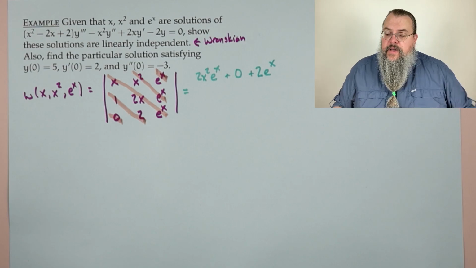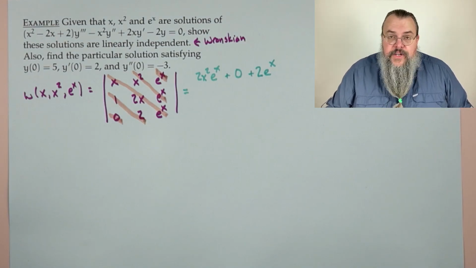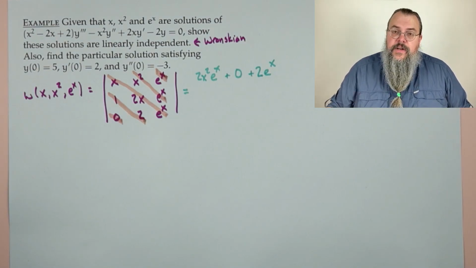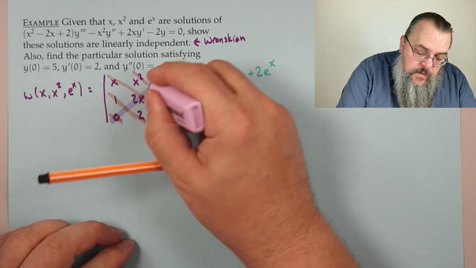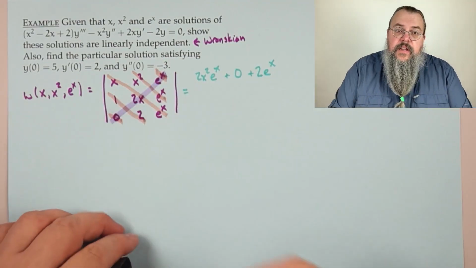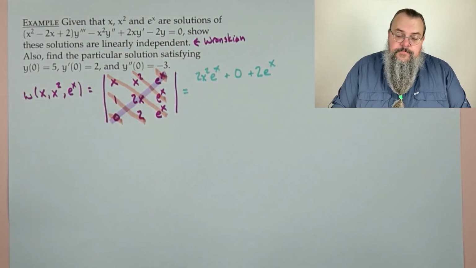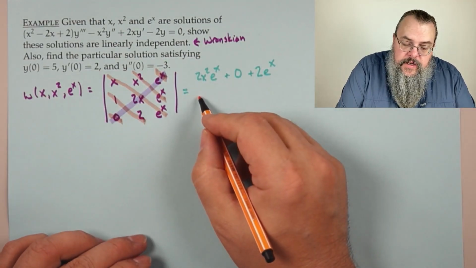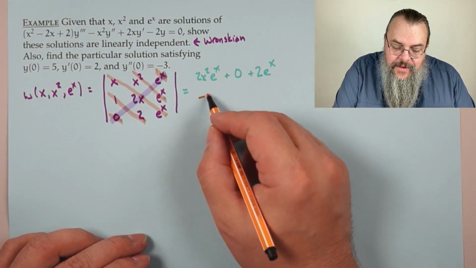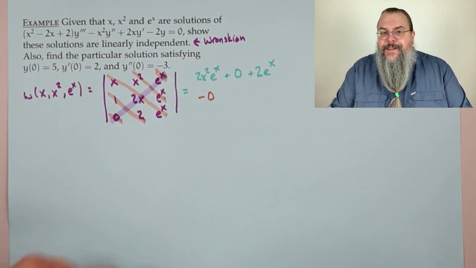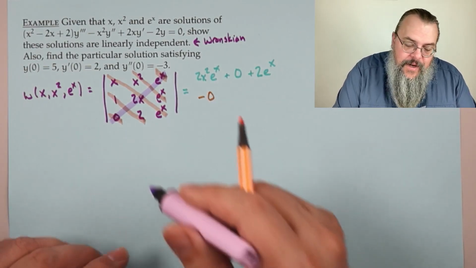Now, we're going to do our diagonals in the other direction. So now, we're going to go up. So, for example, 0 times 2x times e to the x, well, that's 0. And because we went up, we're not going to add 0, we're going to subtract 0, because, of course, that'll make a big difference. Well, not for 0, but for other things it might.